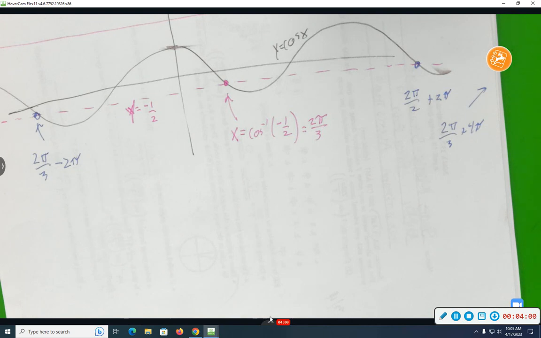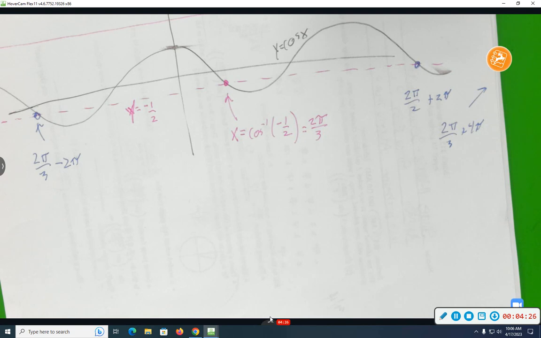Either by looking at the unit circle or by thinking about whether cosine is even or odd. What's the second simplest solution to this equation? What's the second simplest angle you see where cosine equals negative 1/2? Right here, a negative 2 pi over 3.